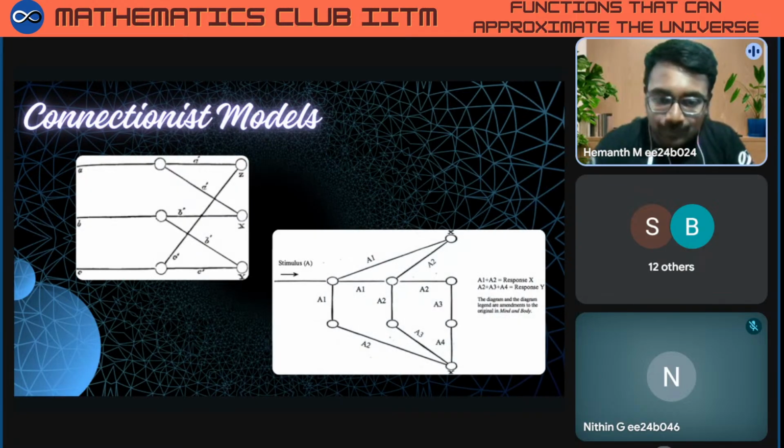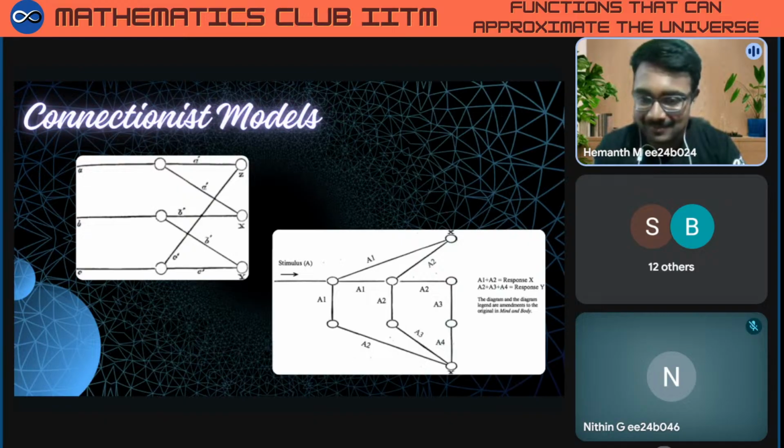Another important thing to note in his connectionist model was that the output also depends on the strength of the connections. Meaning here, X has been connected to the input A with a lesser number of connections, and Y has been connected to input A by more connections. So the strength of output Y will be more than X because the output Y depends on the strength of these connections as well.